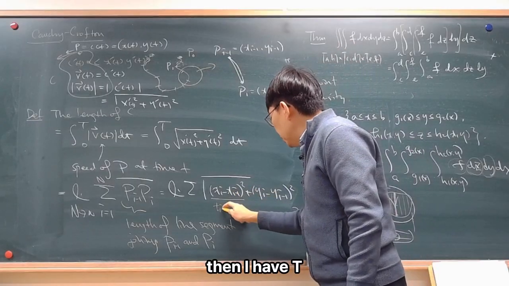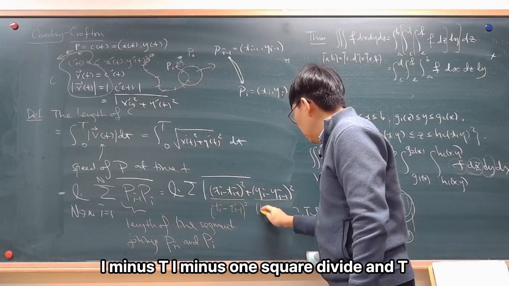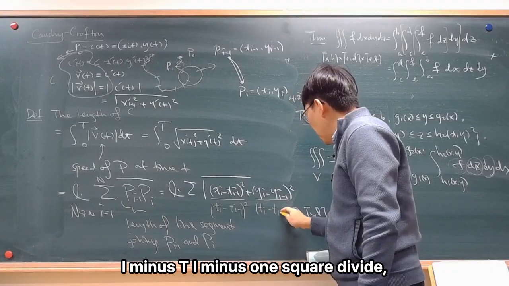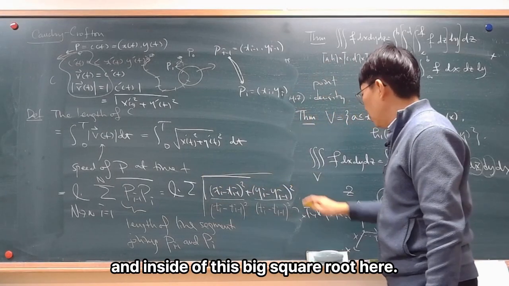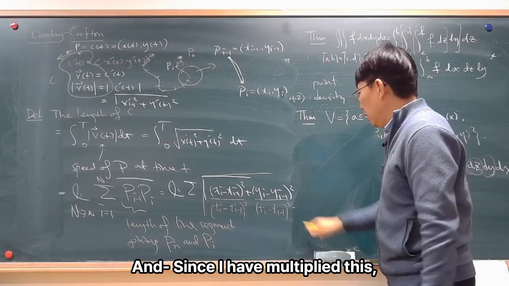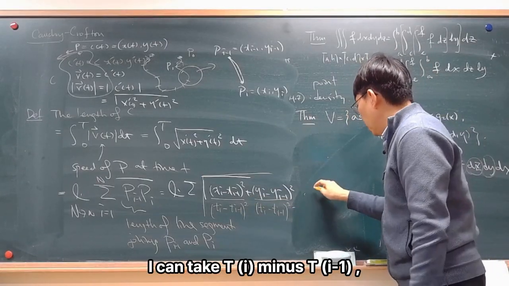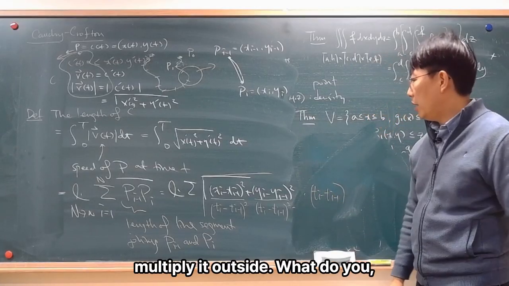Then I have (ti minus t(i-1)) squared divided, and the same for y, inside this big square root here. And since I have multiplied this, I can take (ti minus t(i-1)) outside.